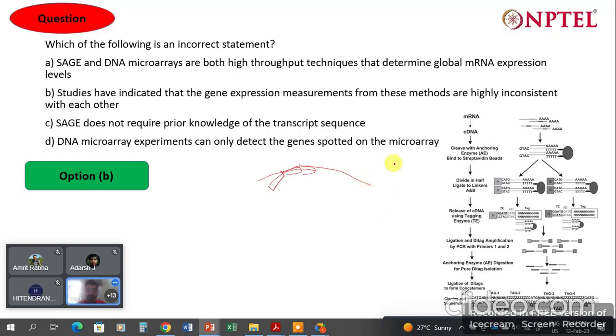That's why we are saying that the analysis done from these experiments is highly inconsistent. Okay, so any doubts still here?